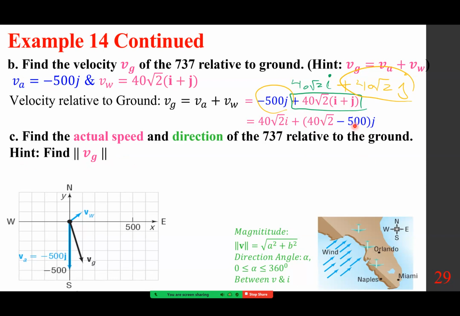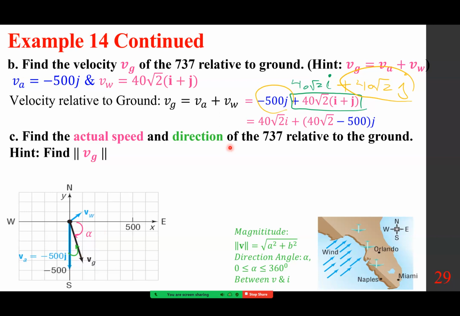For the angle, if we call this alpha, we can find this angle as 90 minus alpha, because they're asking for the direction.